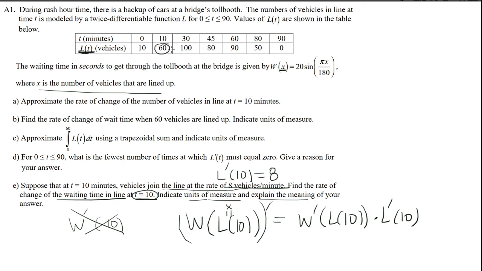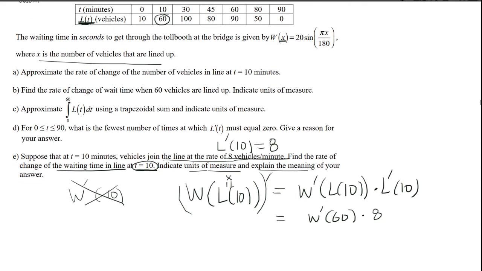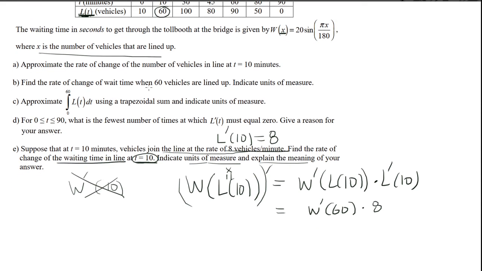L of 10 is 60. So I'm going to look at W prime of 60 times L prime of 10, which is 8. W prime of 60 was actually what we found out in part B. We found the rate of change of wait time when 60 vehicles are lined up. So that was pi over 18. And we multiply that by 8. Let's see, we get 4 pi over 9.